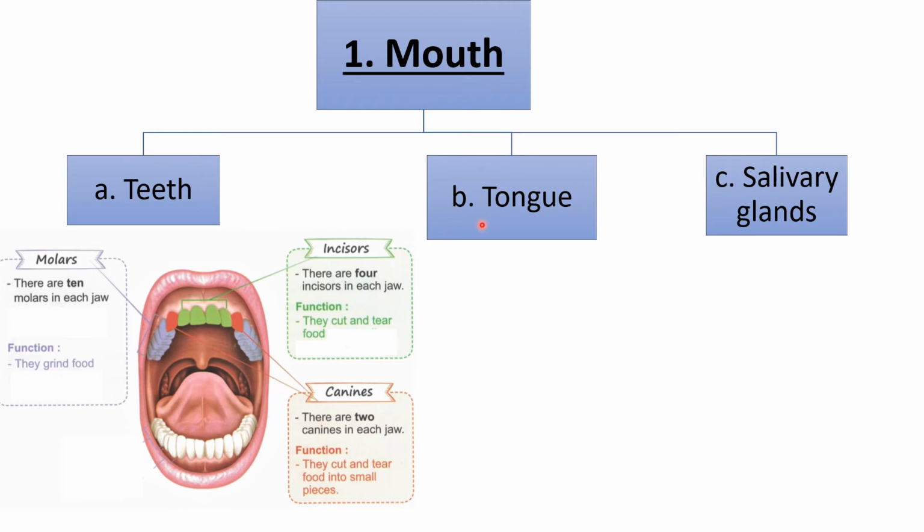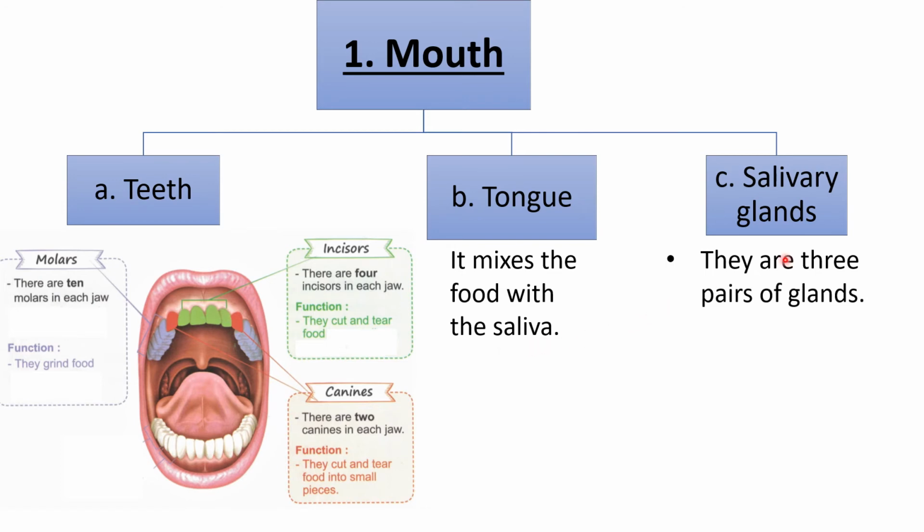Tongue. It mixes food with the saliva, and it helps in swallowing and tasting food, and it's known as the speech organ. Salivary glands.